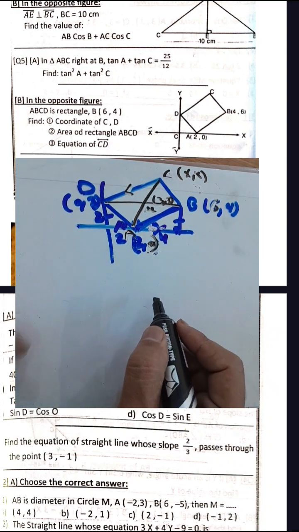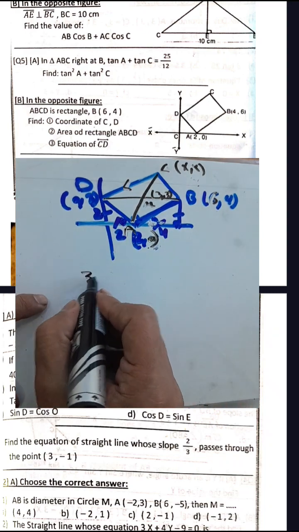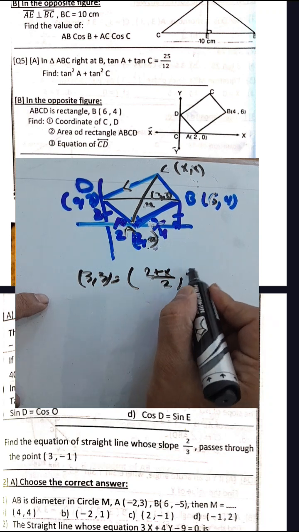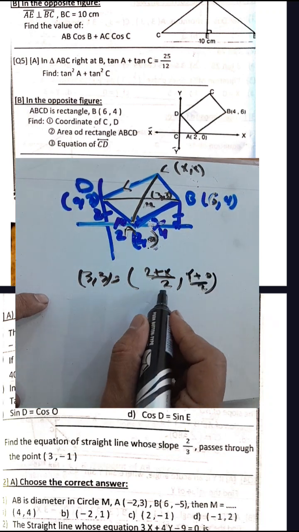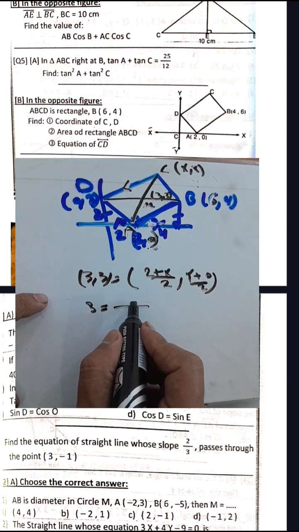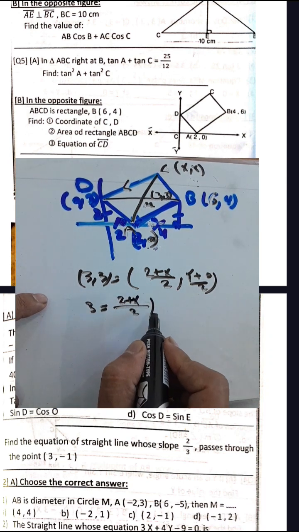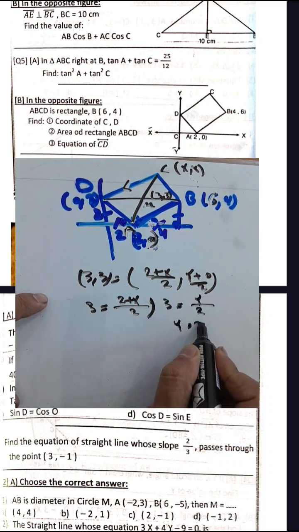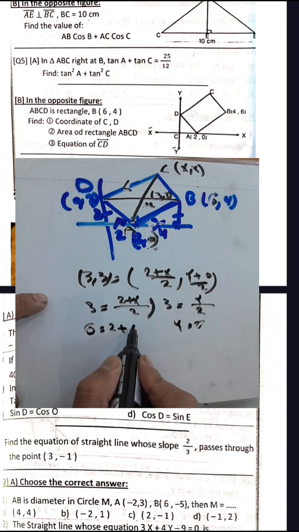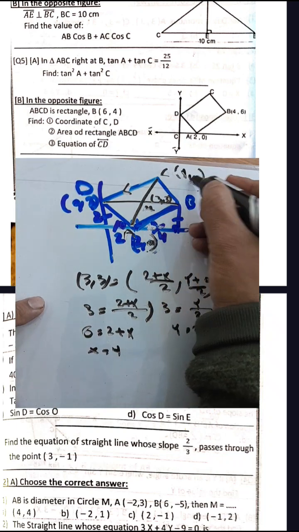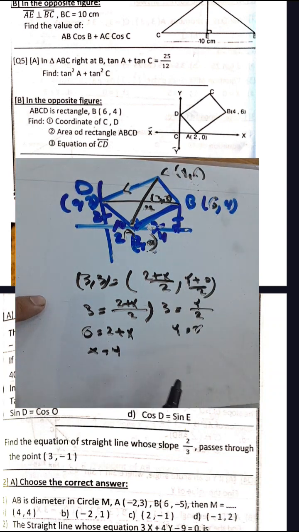We get the order of C by the middle, 3 and 3, equals (2 plus x) over 2, and (y plus 0) over 2. 2 times 3, 6, 6 minus 2 equals 4. 3 equals (2 plus x) over 2, and 3 equals y over 2, then y equals 6, 6 equals 2 plus x, then x here equals 4, then the point here will be 4 and 6. The order of point C is 4 and 6.